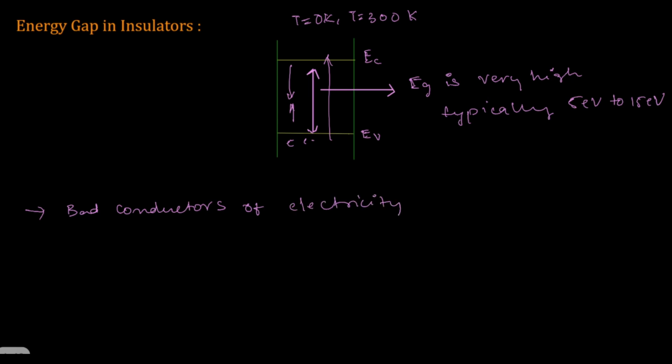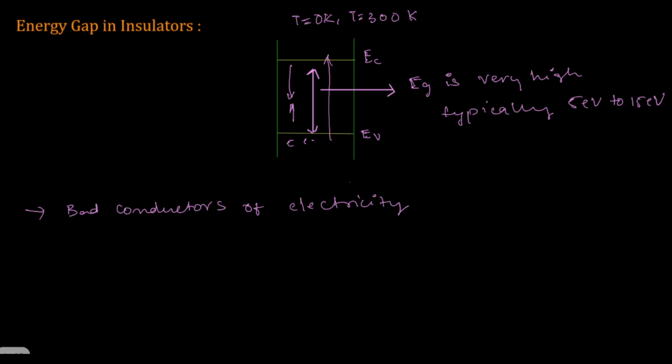The electrons present in the valence band will never be converted into free electrons. We know that current is formed through free electrons. If there is no formation of free electrons and no movement of free electrons from A to B, then there will be no current generation. So the energy gap is very high in insulators.